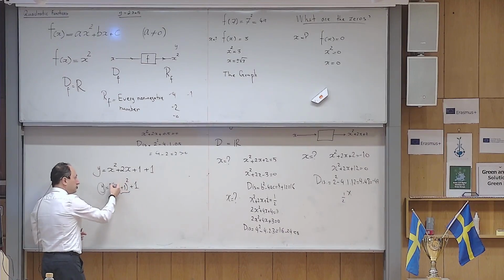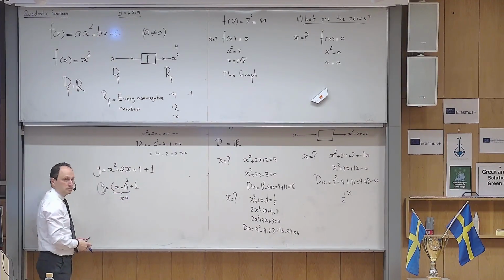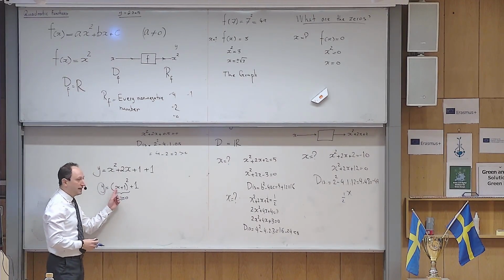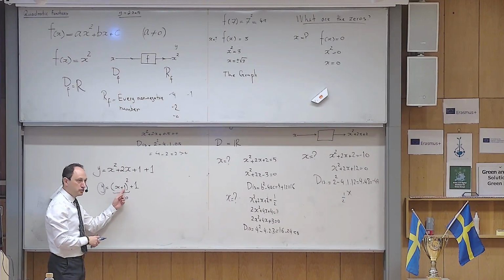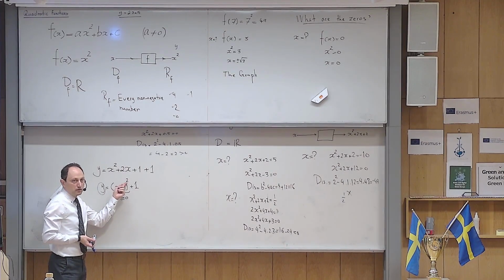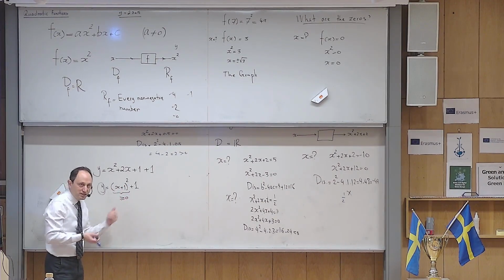The result of this calculation is non-negative. Yes or no? Because whatever x is, positive or negative, I add 1 to it, it becomes a number. I don't know what that number is, but I know that I am squaring it. So that number is not negative, it is at least 0. It cannot be less than 0.